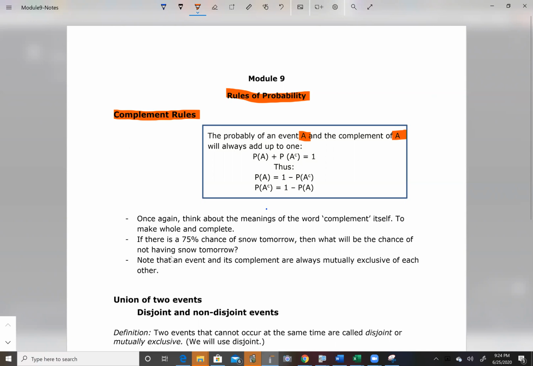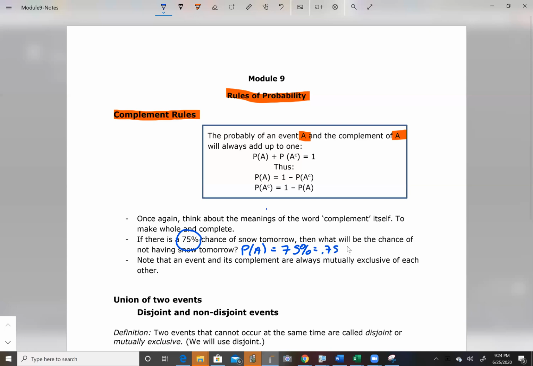So let's come down here a little bit. Let's look at this. If there is a 75% chance of snow tomorrow, and let's say that that is event A, the probability of A would be 75%. Okay, so if we're adding up to 1, remember 75% written as a decimal is 0.75.